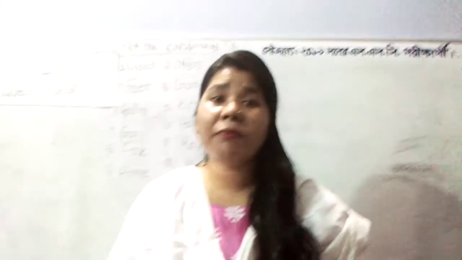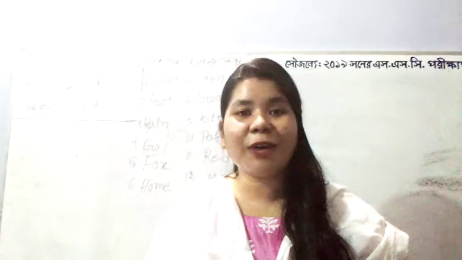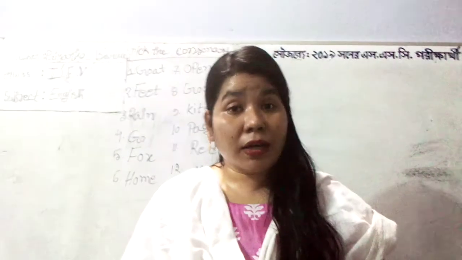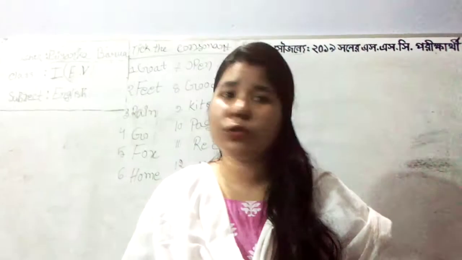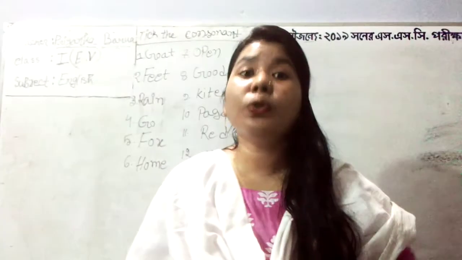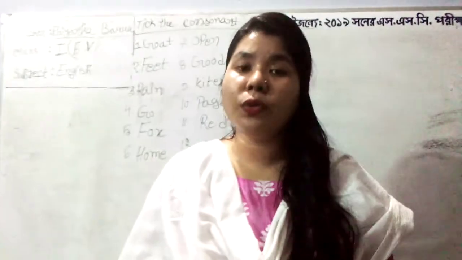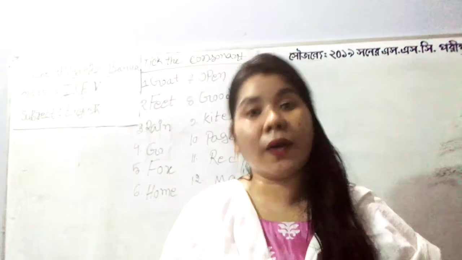We also know that consonants can never make a word or an independent sentence without vowels. If you are making any word, a vowel is also needed. So it is really very easy to pick the consonants out from a specific word or a sentence.